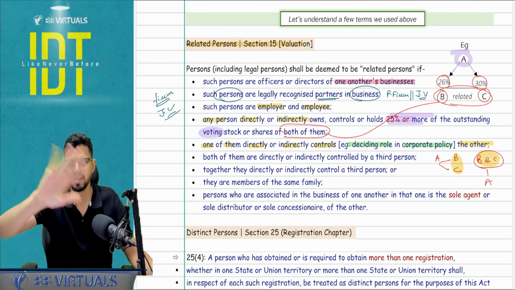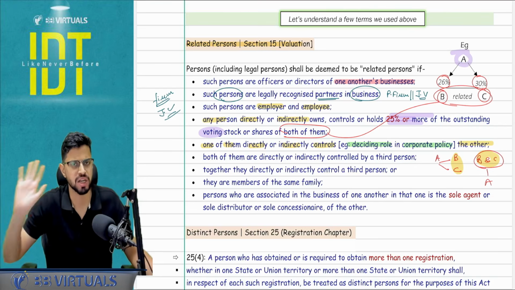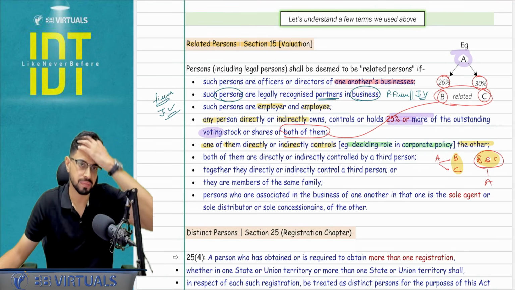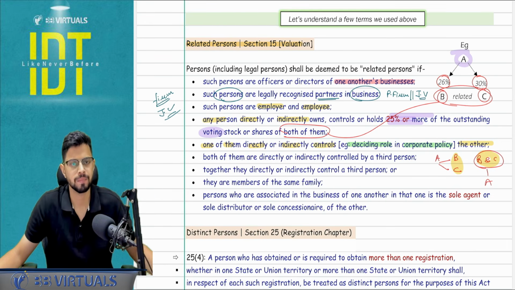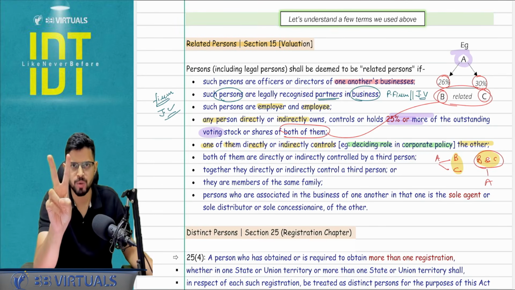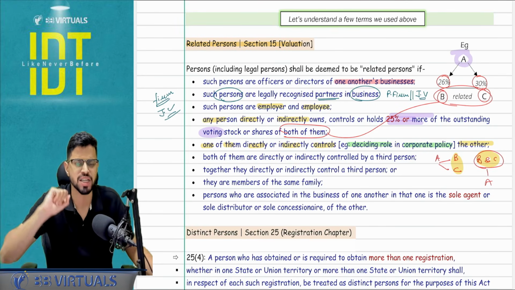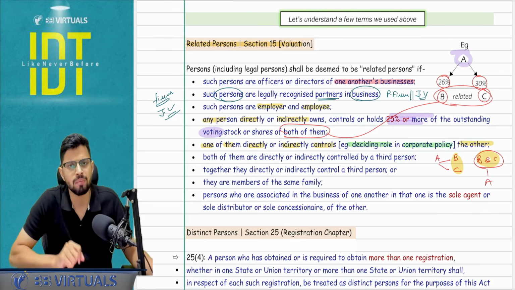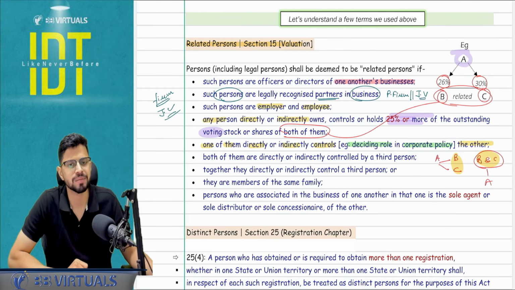I have 5 agents, not a related person. Normal agents, they will act. They are normal agents, not related persons. Sole agent, single agent, sole distributor, sole concessionaire means the selling agent kind of a thing. You're alone acting in my business. We are related to each other.